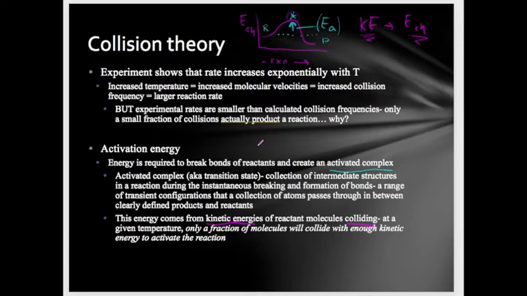Remember, reactant bonds have got to be broken for a chemical reaction to proceed. We have got to get energy somewhere to break those reactant bonds. Where does the energy come from? It comes from the kinetic energy of these particles moving around and colliding with each other. Those collisions may result in the breakage of chemical bonds. That is the transfer of kinetic energy to chemical energy.